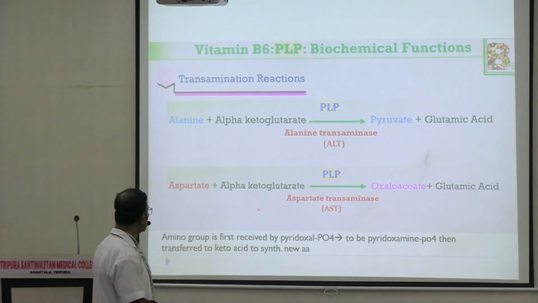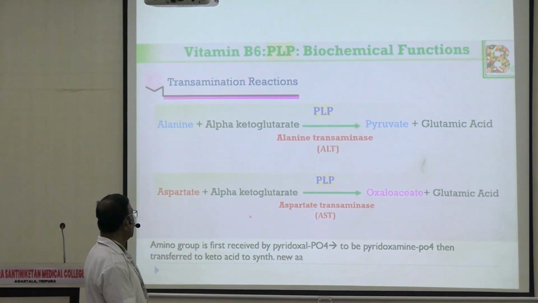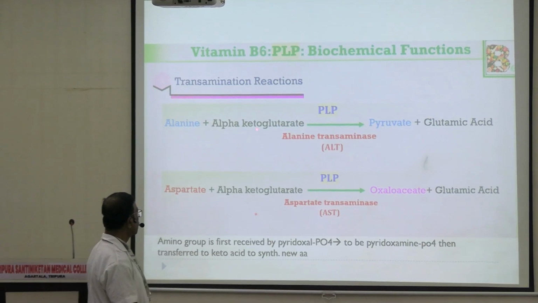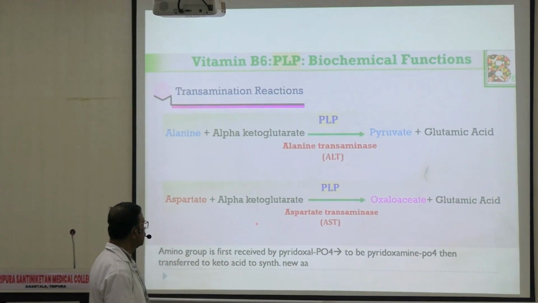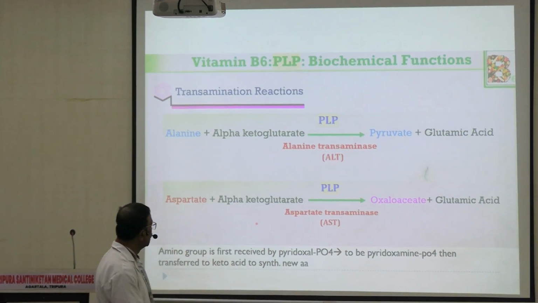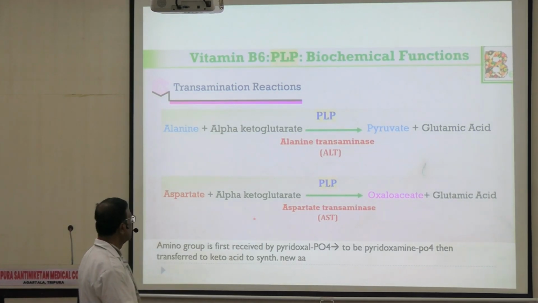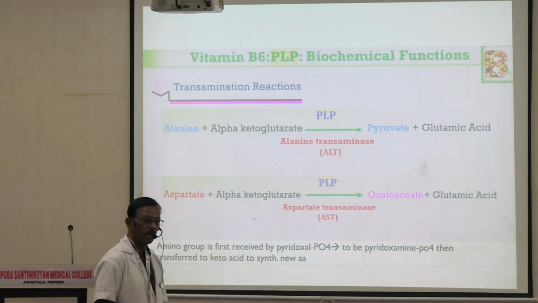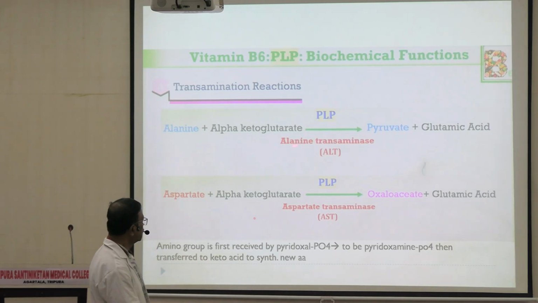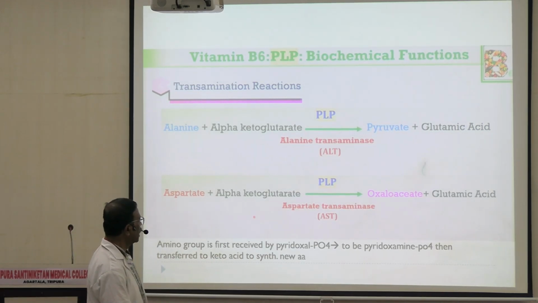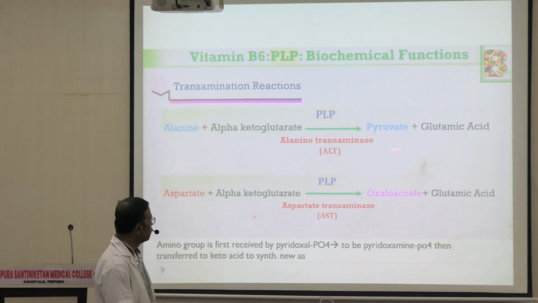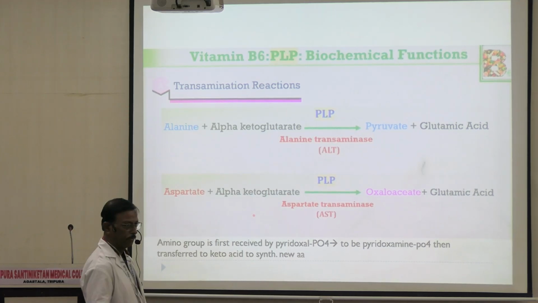So here I have mentioned two important reactions. Alanine and alpha-ketoglutarate with the help of PLP. The enzyme responsible is alanine transaminase. The substrate is alanine. Transamination is caused by the transaminase, that's why it is specified as alanine transaminase. This transaminase acts on alanine.